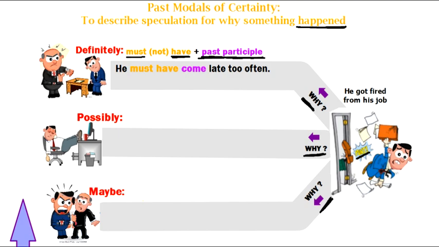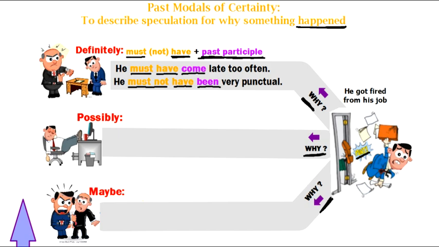And I'm almost positive that that's what happened. So I'm using my modal must. If I want to say negatively, I could say, well, he must not have been very punctual. Again, my modal must have past participle. In this context, must not have past participle.